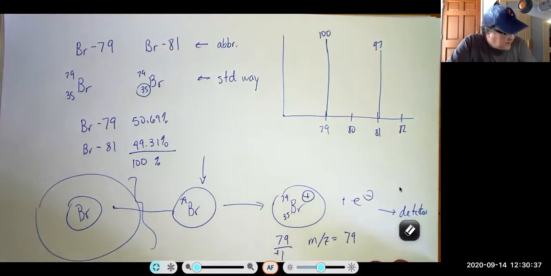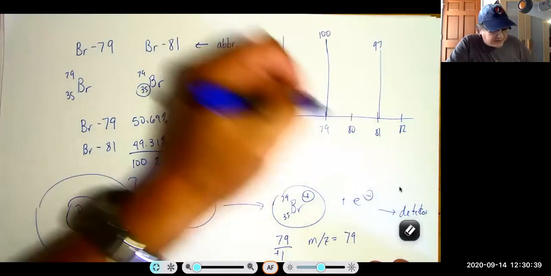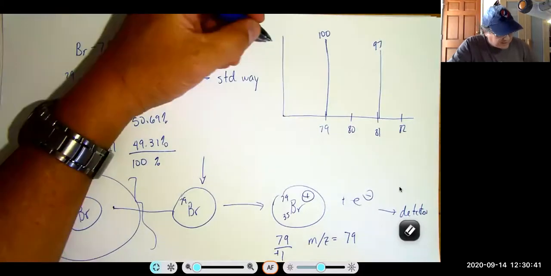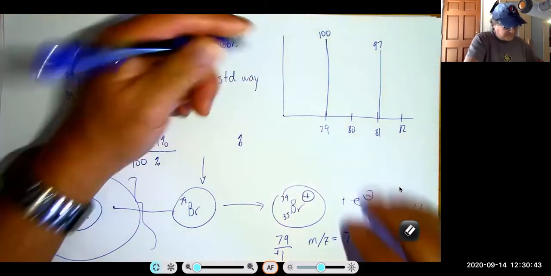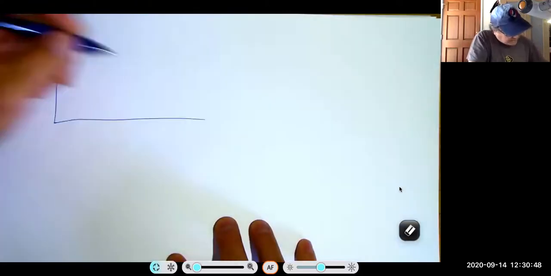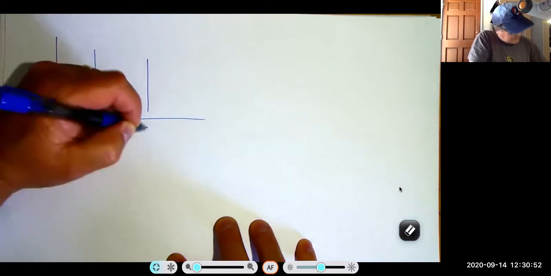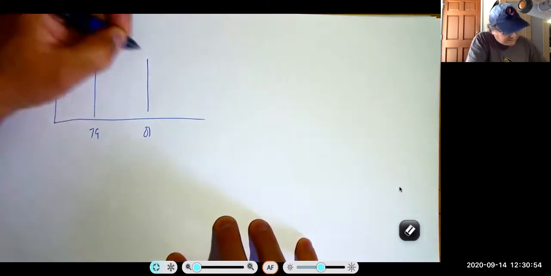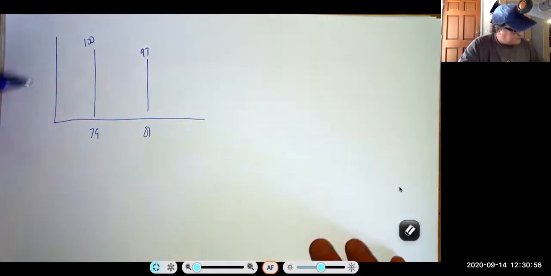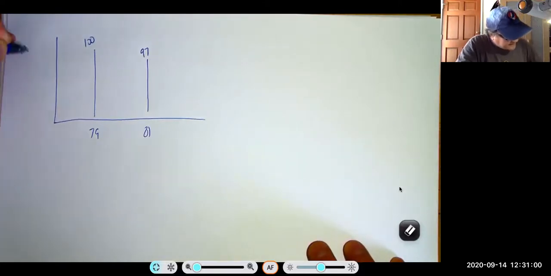Now, how do we turn these into percentages? Well, it's real simple. So here's what you get for mass spectrometry again. And this is rough. These are not the exact numbers. This is called mass intensity.